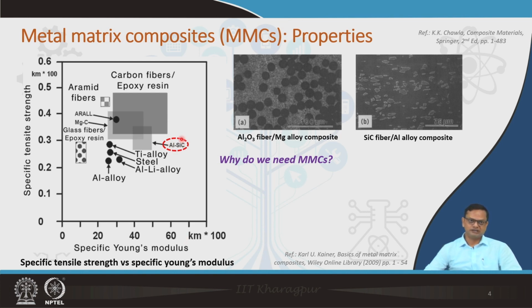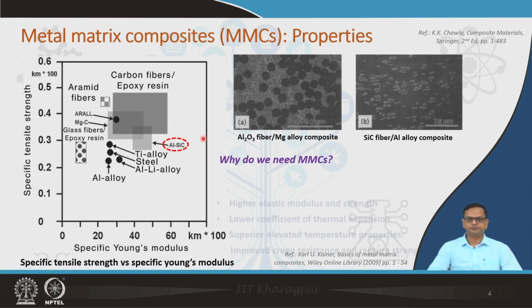In the comparison, you can see titanium alloy and steel have higher modulus than aluminum, but if you have the same aluminum alloy reinforced with SiC particles, you are keeping the weight low, but achieving a higher strength and a higher modulus. That means the specific strength of the material increases as you reinforce with particles or fibers.